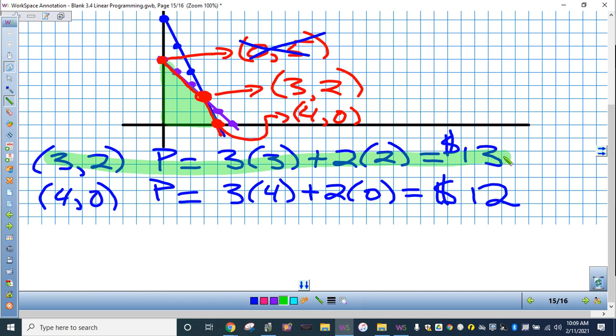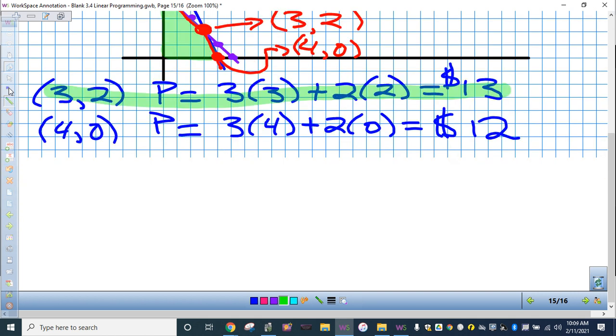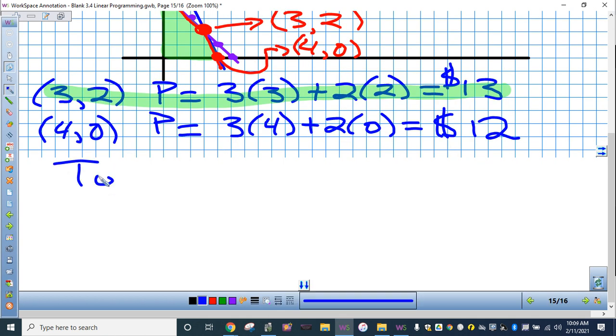The last thing you got to do is write that profit statement, right? So we want to produce 3 trays of corn muffins and 2 trays of bran muffins to maximize our profit at $13. So you can say it any way you want. I'm going to say it kind of backwards.